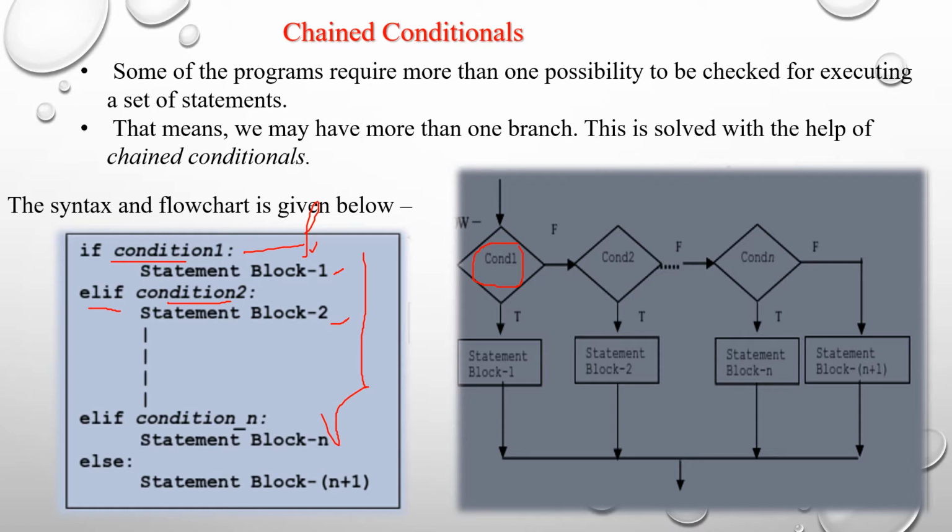If condition 2 is true, statement 2 is going to be executed. If condition 2 is false, condition n is going to be checked. If condition n is true, the statement block n is executed. If condition n is false, the statement block n plus 1 is going to be executed, and this is the final result.